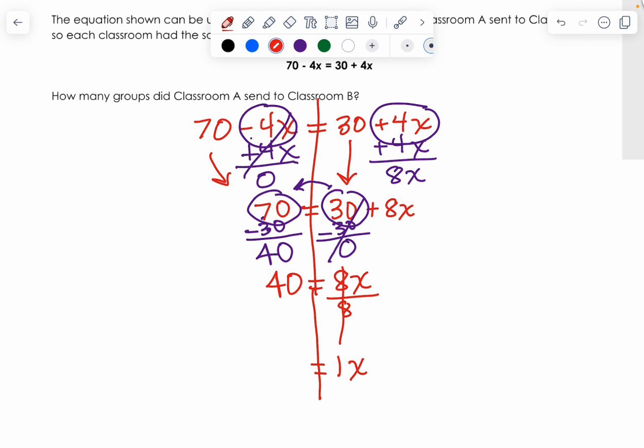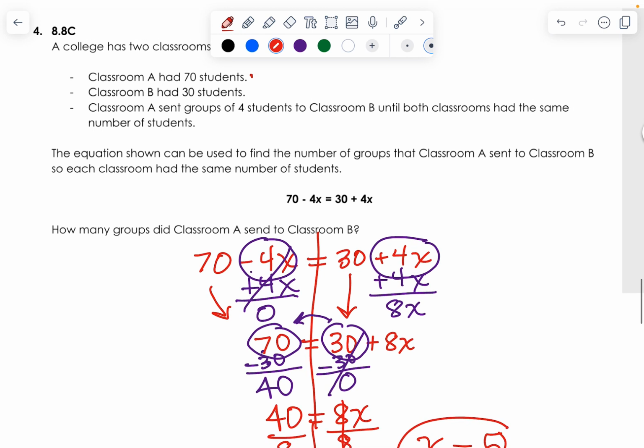I want to get 1x. But I'm not finished yet because I divided this side by 8. To keep it balanced, I have to divide the other side by 8. 40 divided by 8 is 5. So in this scenario, x is equal to 5, which means up here at the top, answering it, they sent 5 groups of 4 students.